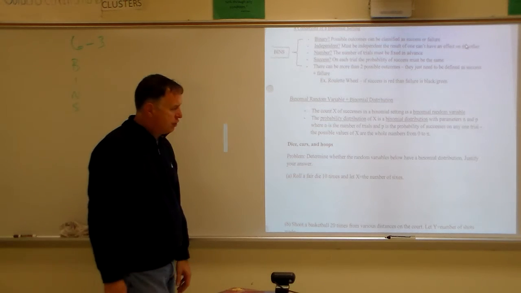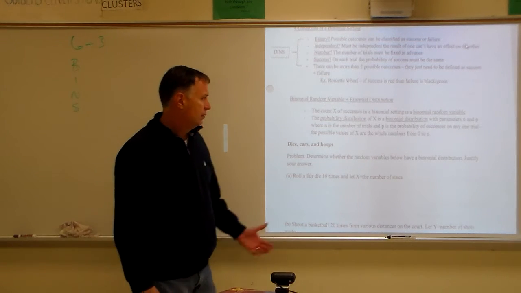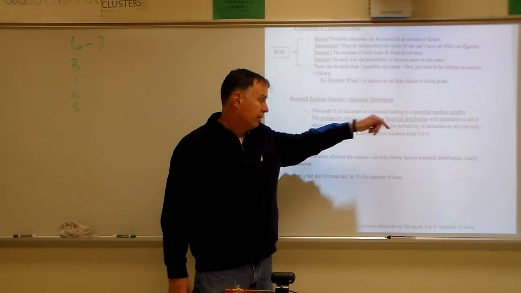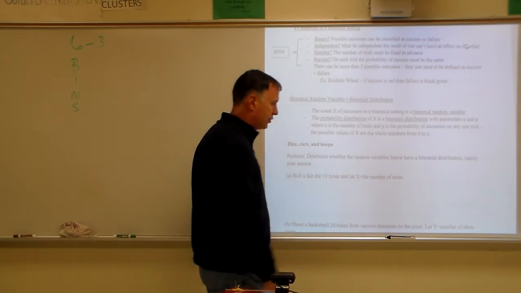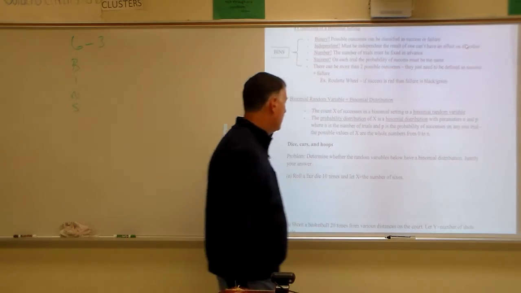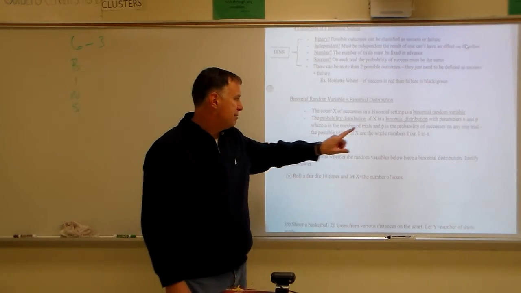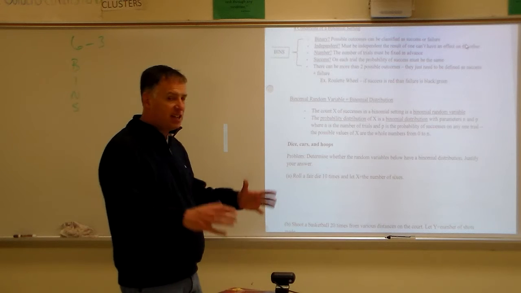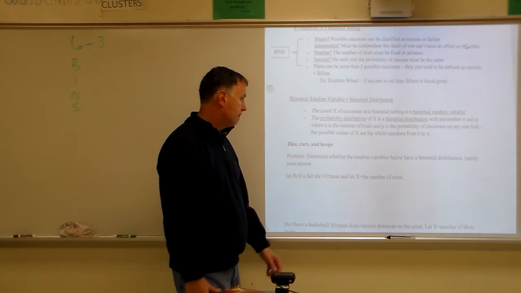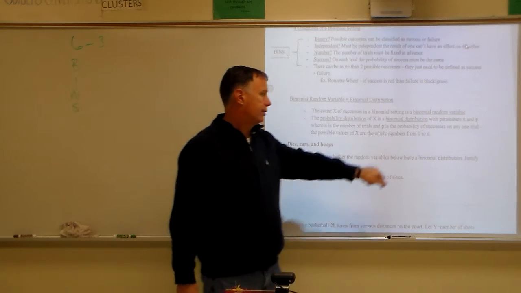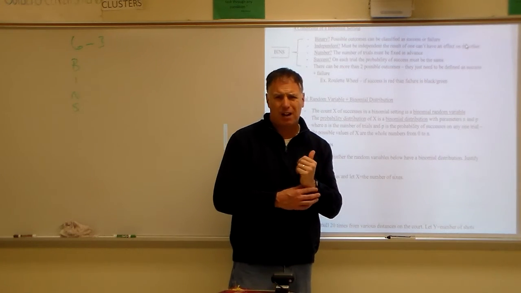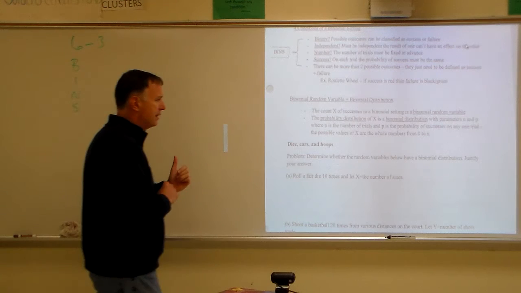The probability distribution of X, which is a binomial random variable, is a binomial distribution with parameters n and p, where n is the number of trials and p is the probability of success in any one trial. The possible values of X are the whole numbers from 0 to n. We're going to spend a lot of time on this.